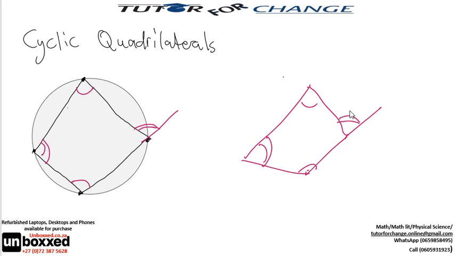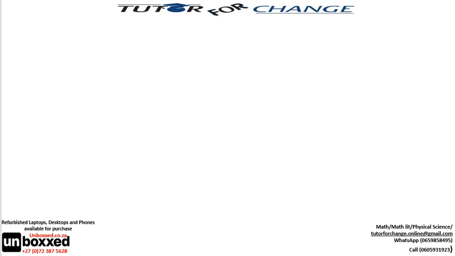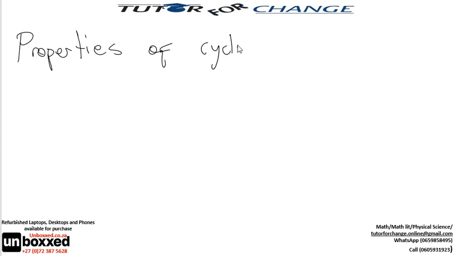It's all about cyclic quad here. So let's focus on the properties of a cyclic quad that you have to master, so that if you are given any question, you know exactly what to do.